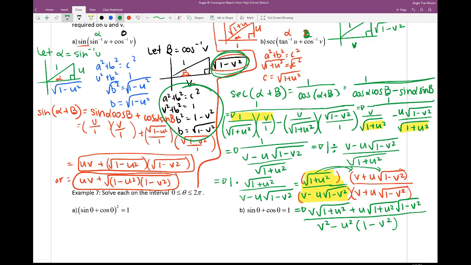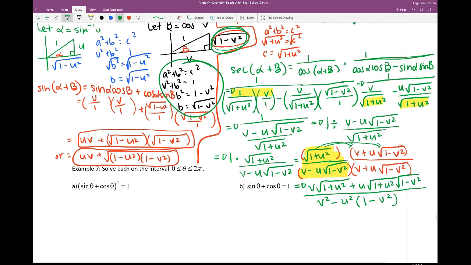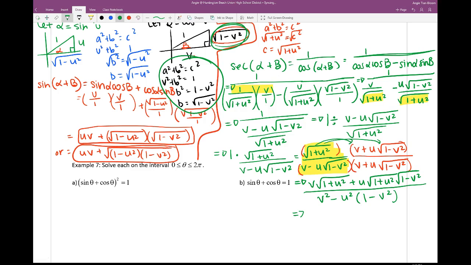Okay, so now we're just going to see if we can do anything to simplify, right? So let's check. This is v times the square root of 1 plus u squared on the top plus, technically you can keep these two right here as their own radicals, or you can multiply and put them under one common radical like this.